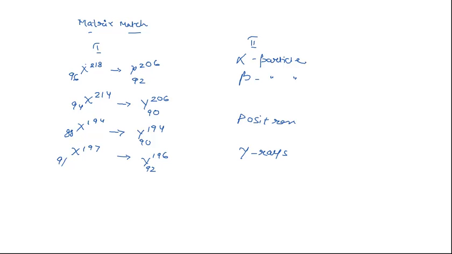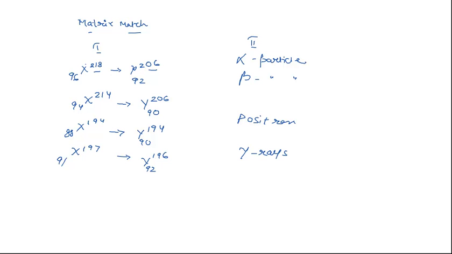Now, how will you match it, students? Say 218 to 206. What all are the particles emitted? How many alpha and how many beta particles? Is it that only alpha particle is emitted? 218 to 206.